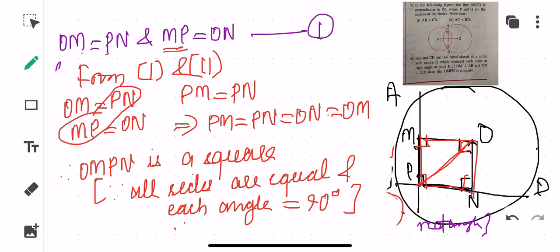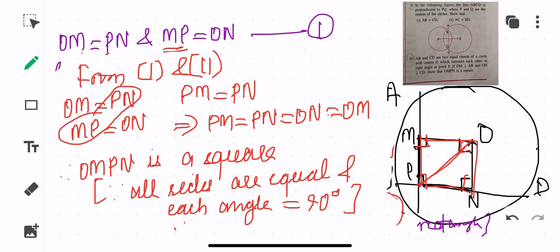Alright, children, we can see that we are already done with all the questions of this particular exercise. Now we will be going to the next topic, which is arc and chord properties. Okay, this is also an interesting one, so just have a look into it.